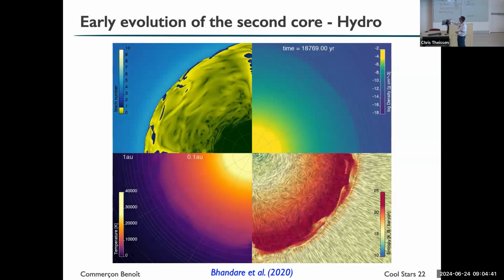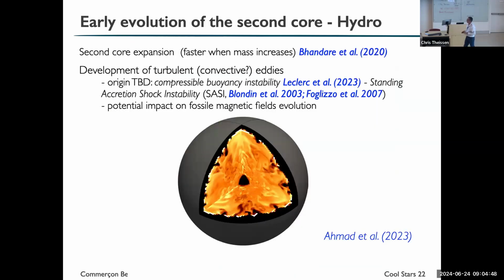This has been done using the Pluto code, in 3D spherical geometry. But recently, Anan Ali Ahmad, a PhD student in Saclay, performed the same with the Ramses code, an adaptive mesh refinement code in full 3D, and he found the same. So we have turbulent motion developing inside the forming second core, and the second core is expanding.